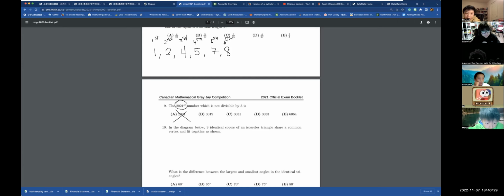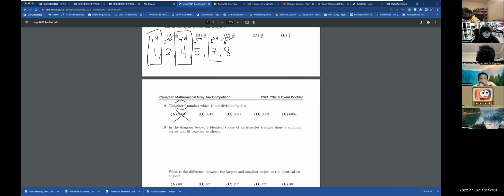So how about we think about it the other way? What are the 2021 numbers that could be divisible by 3? 2021 is an odd number, right? So it must be something like that, because it's not an even number.